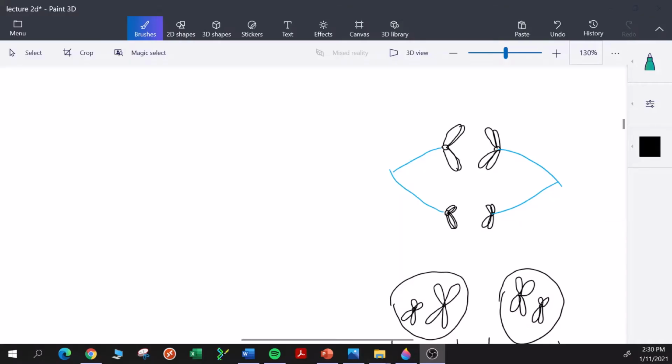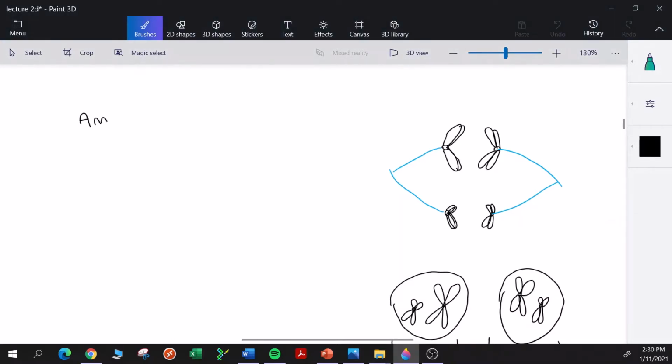So let's talk about Anaphase I of meiosis. Now, you know what? I'm going to go through the rest of the phases relatively quickly.